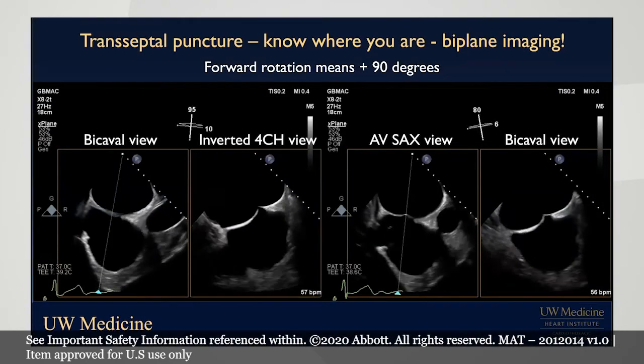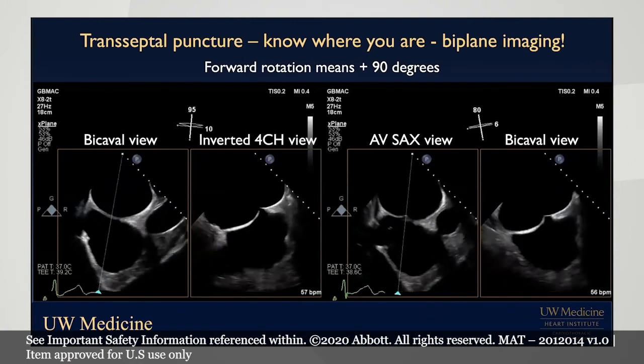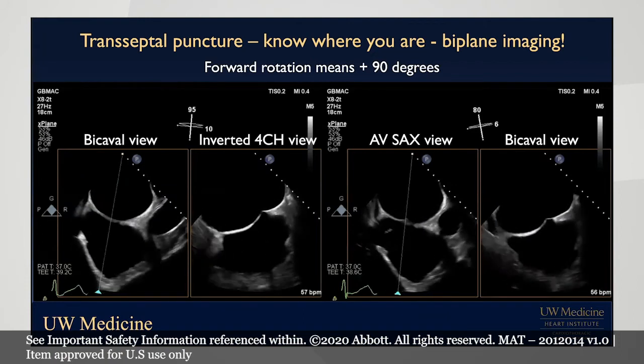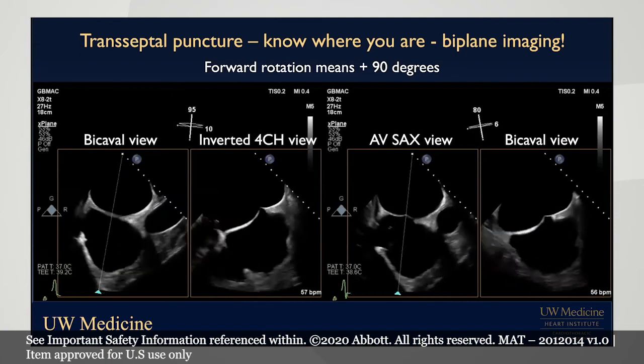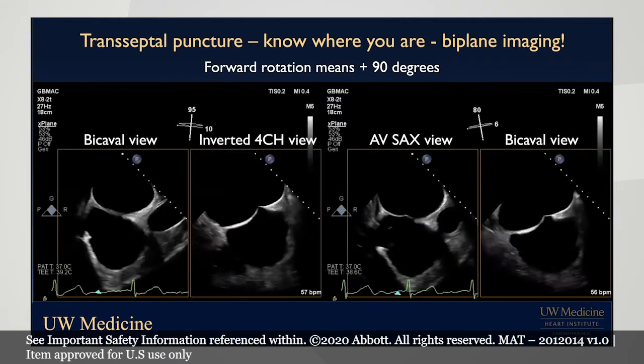So when we guide the transeptal puncture, it's important to use biplane imaging. As we see in these couple of examples, it is important to understand the multi-plane angle on the initial image that you set up, because as soon as that angle exceeds 90 degrees, you will have an inverted view, as you see on the left-hand side of the screen.